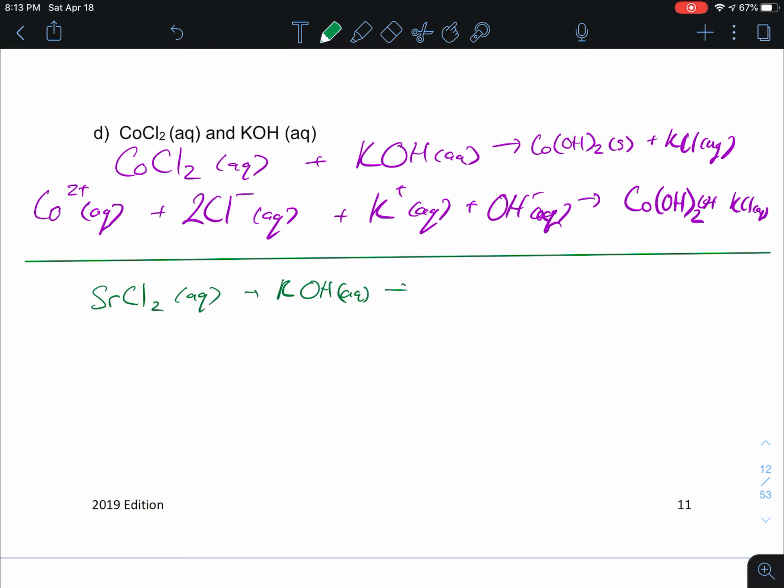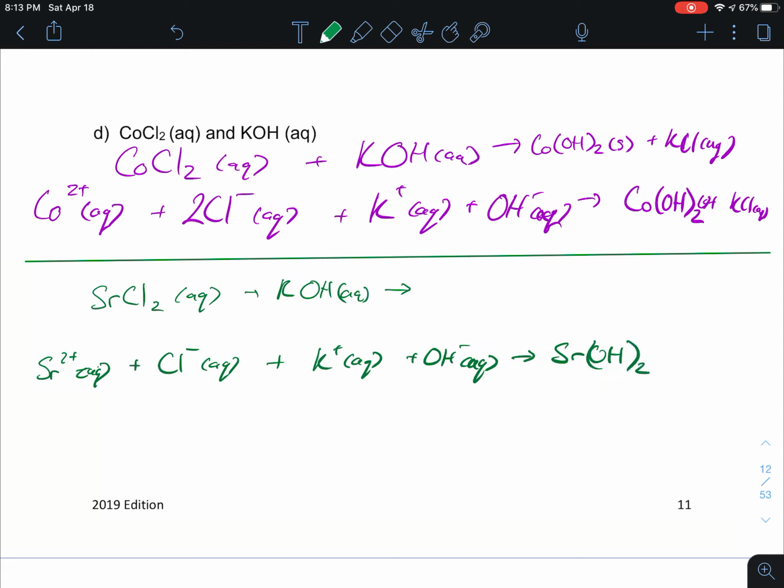And see what happens. So here, the strontium chloride, strontium 2+, aqueous, plus the chlorine minus, aqueous, plus the potassium, aqueous, plus the hydroxide, aqueous. Put that into the ionic equation, and we will find the formation of strontium hydroxide.